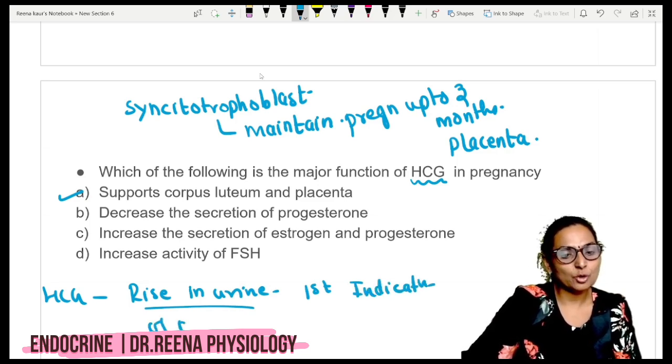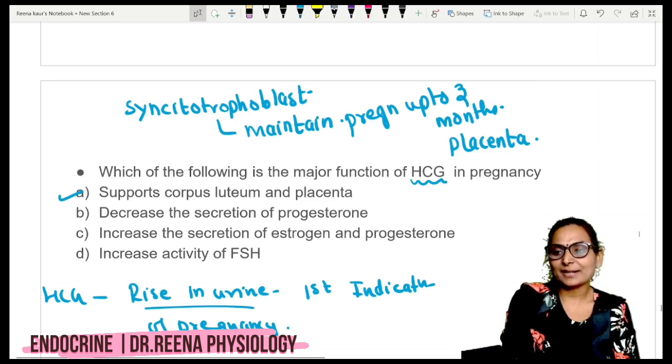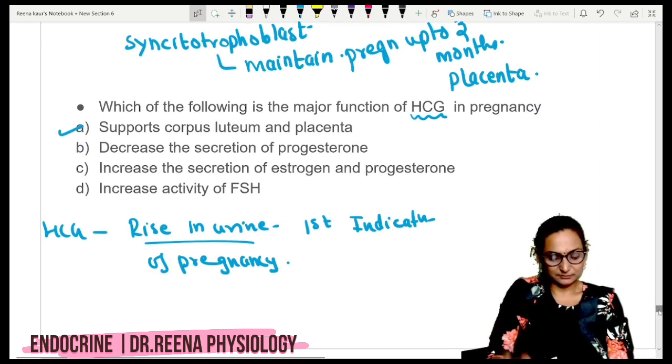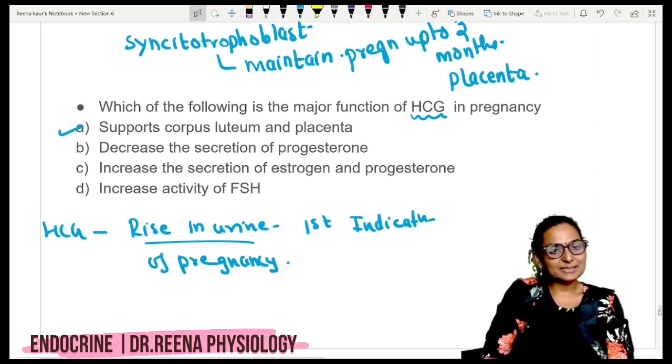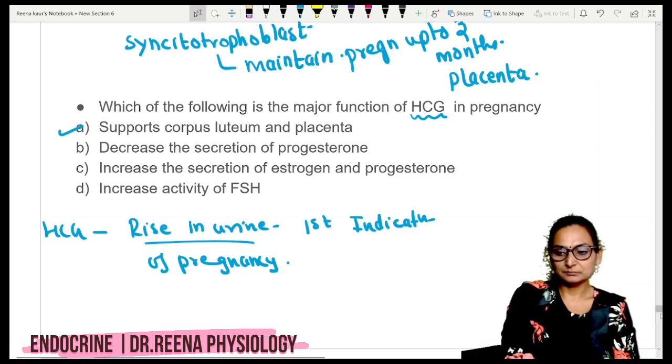You do the UPT, the urine pregnancy test. The urine pregnancy kit actually identifies your HCG. So the correct answer is A, that it maintains the pregnancy up till 3 months. Next.